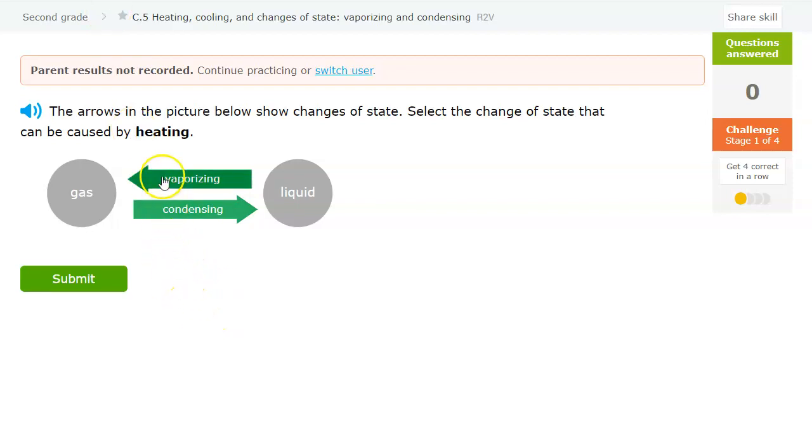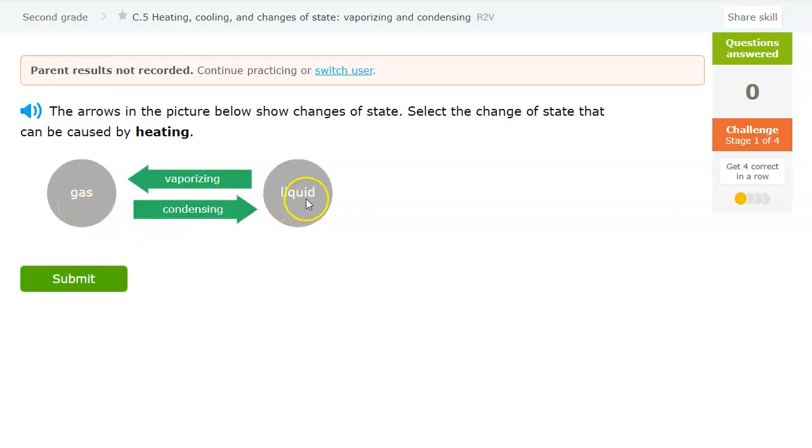This one is about vaporizing and condensing. It's a little tougher than melting and freezing, but I think we're going to get it. So select the change of state that can be caused by heating. Once again, we're going to think of this in terms of water. So water as a gas is like steam or water vapor, right?